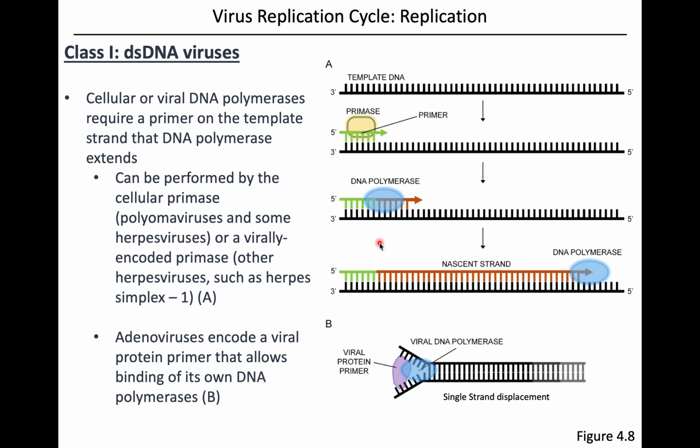That's why the viral DNA is going into the nucleus, is to take advantage of those enzymes. It would be like, for example, herpes virus does this. But you do have some exceptions, like adenoviruses actually encode their own primer, which DNA polymerase can use to extend from and copy the DNA.